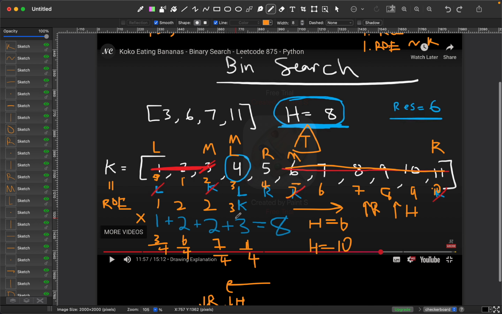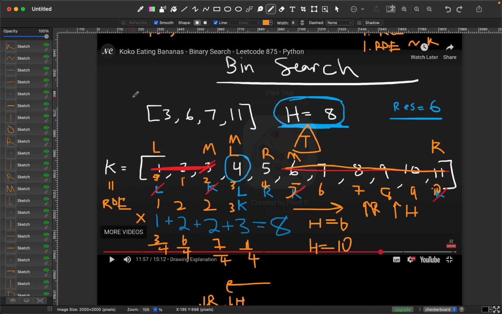So your rate of eating, right? Sure, you calculate everything, but after the rate of eating, you calculate it and you add them together. You need to convert them into the actual k value, which is this plus this plus this plus this. Basically I term this operation as trying to calculate my k value based on the rate of eating, based on my k value divided by the piles, right?